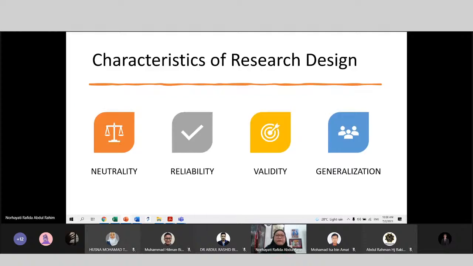Doktor, maksudnya triangulation ni it can refer to both. Whether kita buat kuanti ke kuali, kita masih boleh refer term tu. Yes. Betul ke doktor? So for triangulation, you have to start with the introduction. This research employs a triangulation approach, which merges qualitative and quantitative approaches.